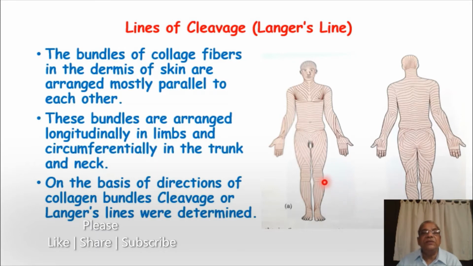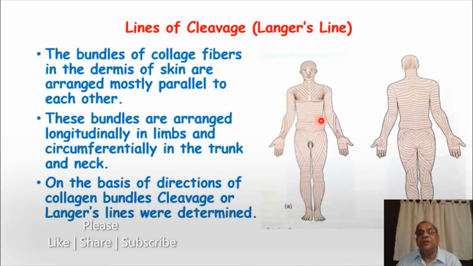In the limbs you will see that most of these collagen bundles which are running parallel are mostly vertical, some may be oblique, but more towards the vertical direction in the upper limb, and as you can see here, in the lower limb they are mostly vertically arranged. But when you see the line of cleavage or Langer's line in the trunk, these lines are arranged circumferentially.